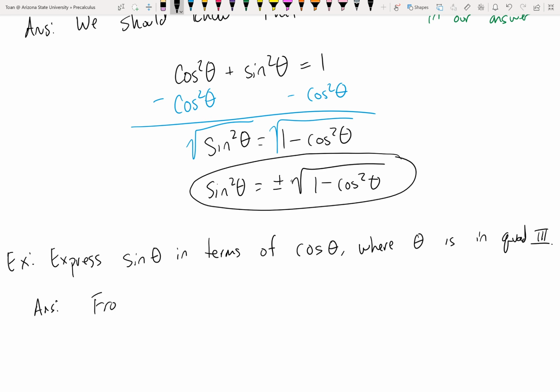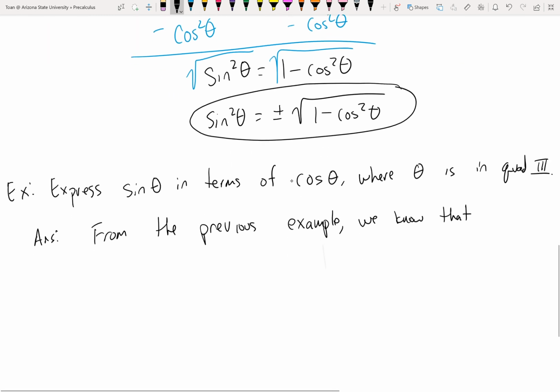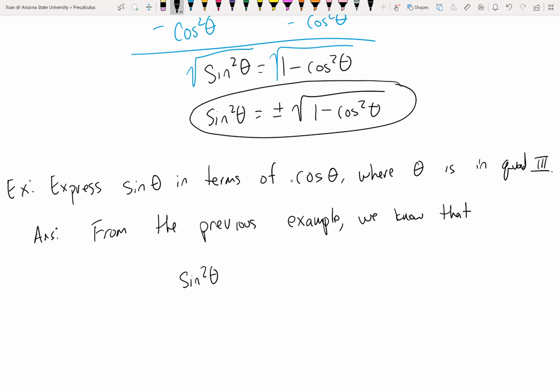So, from the previous example, we know that sine theta equals plus or minus the square root of 1 minus cosine squared.